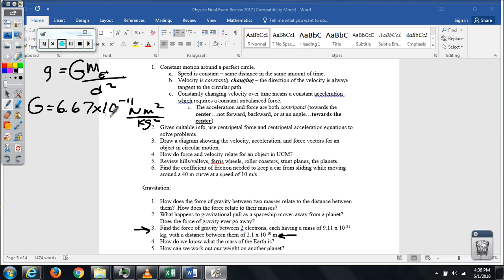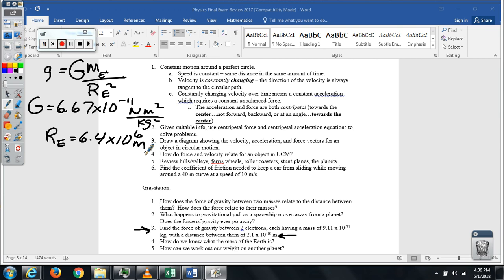I know big G is 6.67 times 10 to the minus 11. And the distance between you and the Earth is the radius of the Earth, which is 6.4 times 10 to the 6 meters, 6,400,000 meters, or 6,400 kilometers.